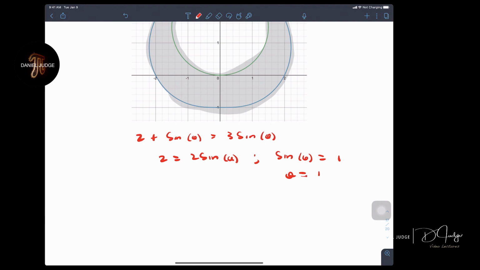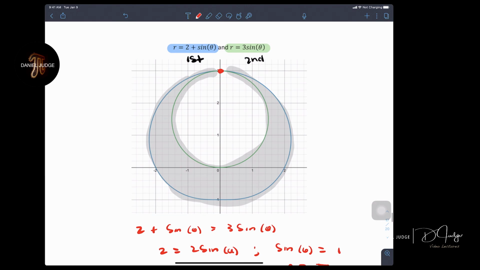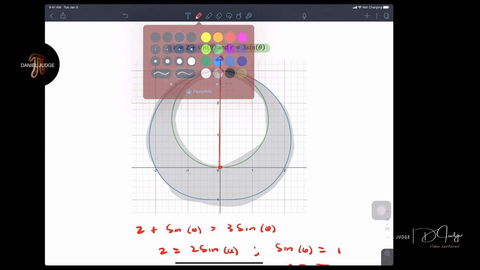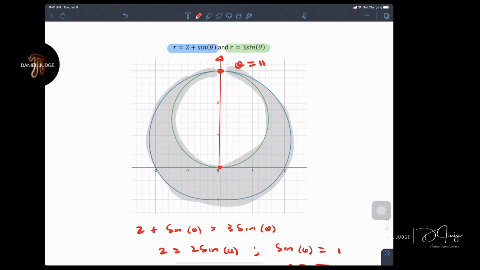Sine theta is 1 at pi over 2, from 0 to pi over 2. So if you asked me whether that's the only point of intersection you're trying to draw, with theta being pi over 2, the answer is yes. Okay, I'm going to get rid of this second and first. So you guys can see this is that point of intersection at theta equals pi over 2.